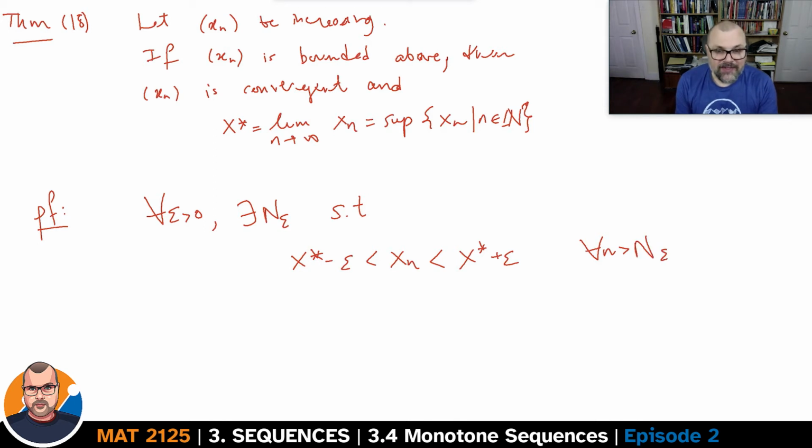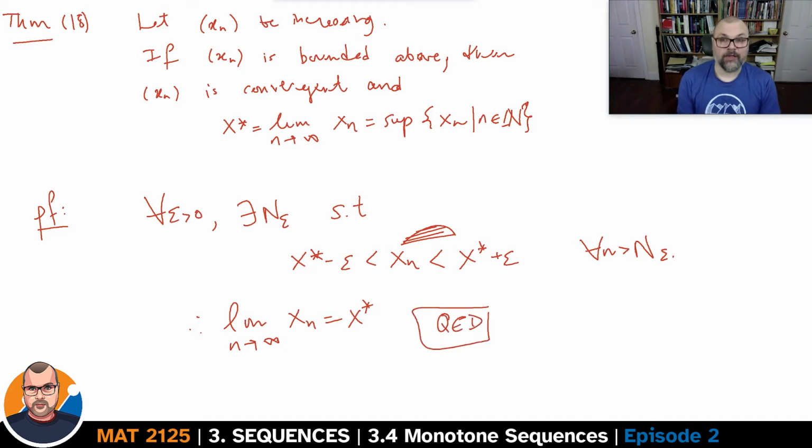And we know that this second inequality holds because x star is an upper bound for the xn. Well, that's exactly the definition of the limit of the xn. Every increasing bounded above sequence converges to its supremum.